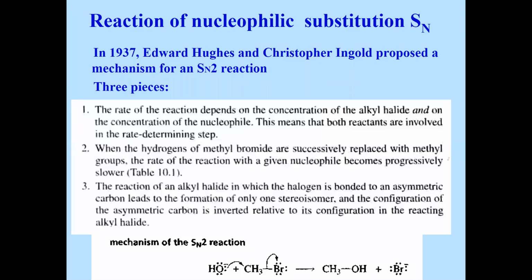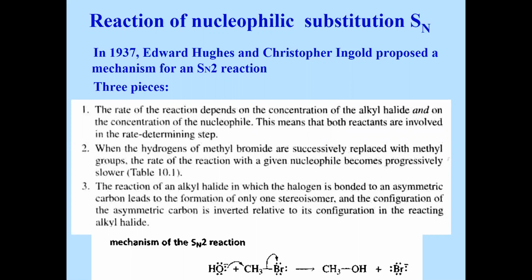Reaction of nucleophilic substitution. In 1937, Edward Hughes and Christopher Ingold proposed a mechanism for this reaction. The rate depends on the concentration of the alkyl halide and on the concentration of the nucleophile. When the hydrogens of methyl bromide are successively replaced with methyl groups, the rate of the reaction with a given nucleophile becomes progressively slower.